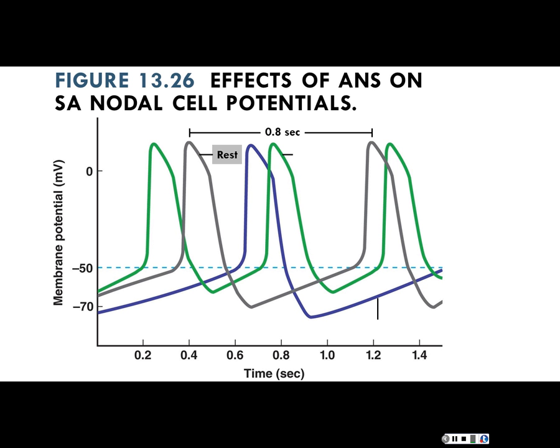Now, the action potential rate does what as the sympathetic nervous system activates? More frequent. We can see them becoming more frequent. Under rest we see 1, 2, and then under sympathetic, how many do we see? 1, 2, 3.